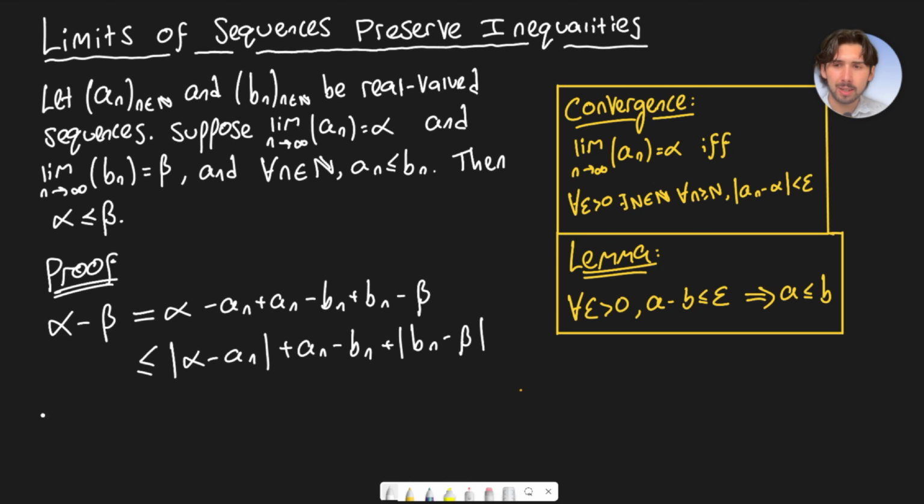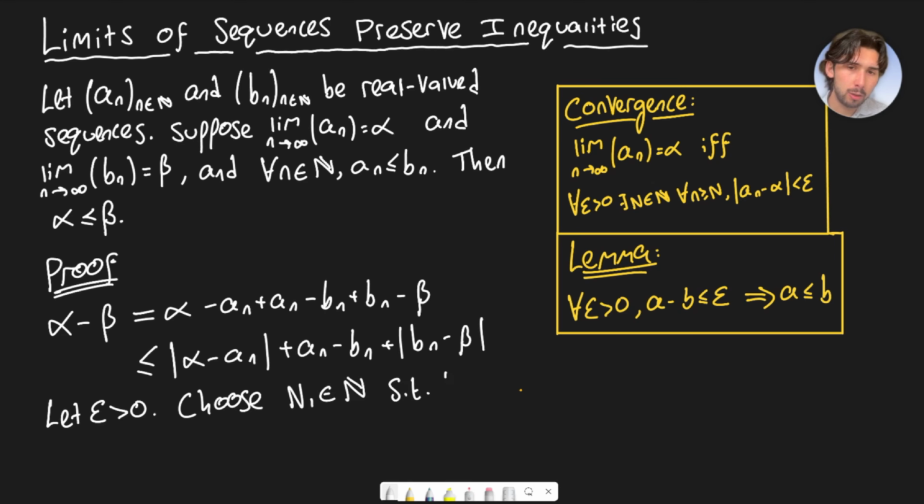Now, if I just let epsilon be greater than 0, I'm now going to use the fact that these things converge. They converge to alpha and beta. So it is possible for me to choose some capital N, I'm going to call it capital N1, in the natural numbers, such that for all n bigger than or equal to capital N1, the distance between an and alpha is of course less than epsilon.